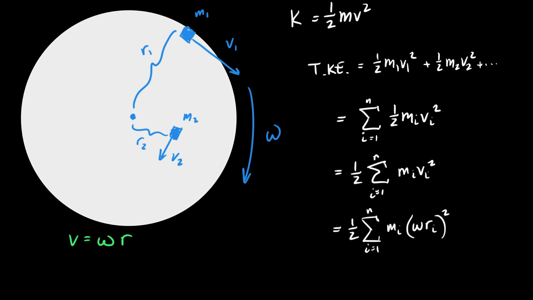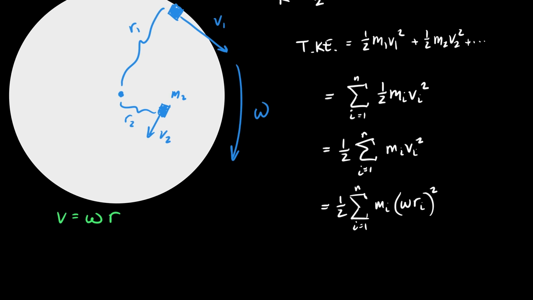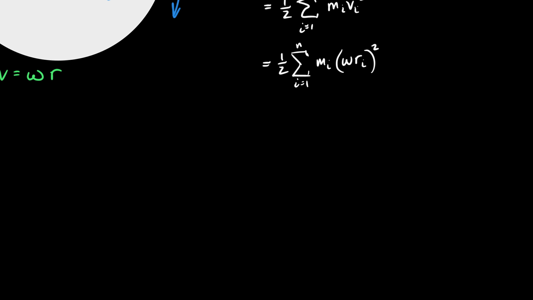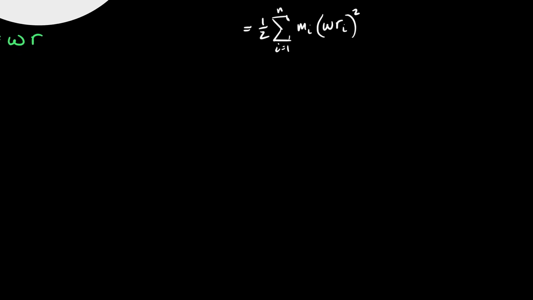Does that make sense? Do you kind of see what I've done there? Now, I'm noticing, I hope you're noticing, that every single term would have the same omega in it, since the entire disk would have the same angular speed. So I think I can factor that out. Now I have to distribute the square first.